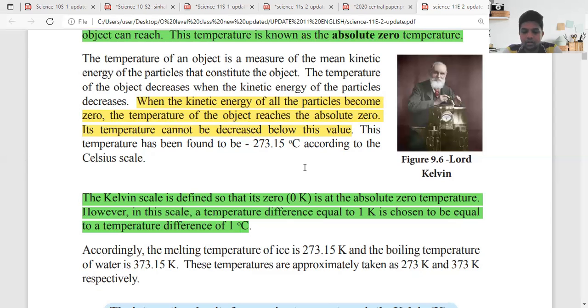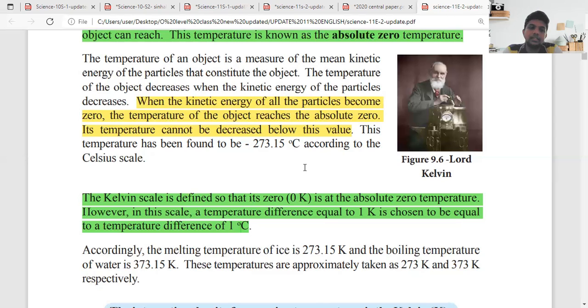The temperature of the object reaches the absolute zero. Absolute zero.